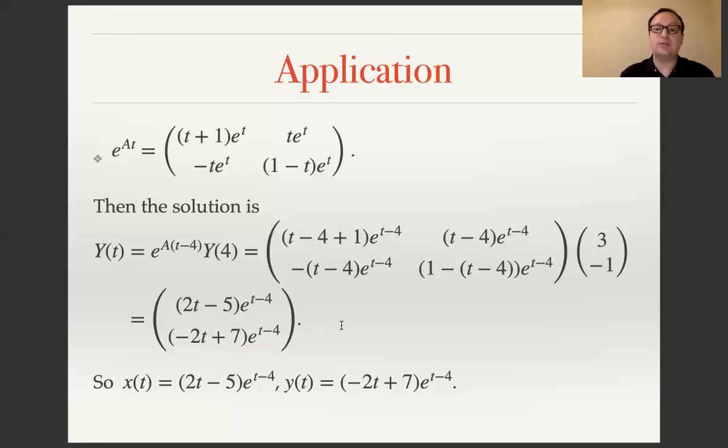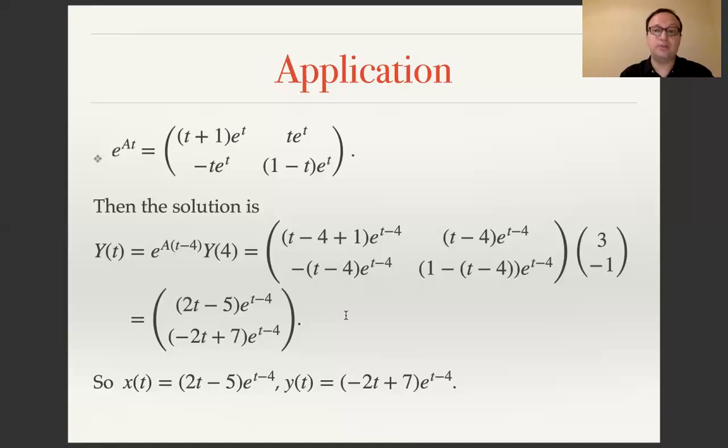So the size of the Jordan block indicates how many modes resonate together. And they give rise to these extra factors of t or t squared or whatever else we'll get. But if we just have a system of two equations with two unknowns, then an extra factor of t is the most that we can get, because the Jordan block cannot be bigger than size 2.